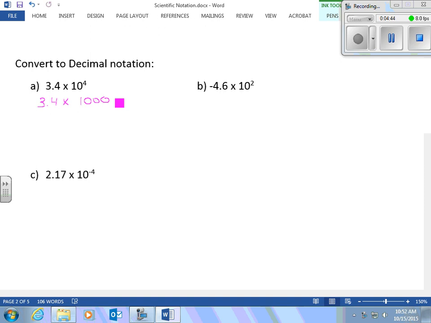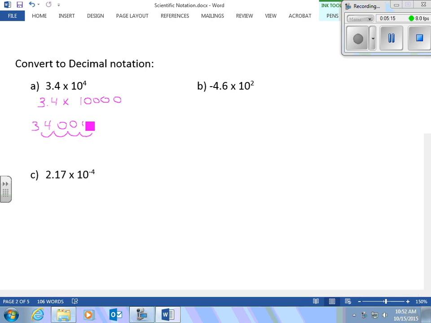So you could think of that as 34,000. Instead, write the digits, and since that's a positive exponent, we know it's going to be a larger number. Think of how many decimal places you need to move over, because every time you move a decimal one space, you've multiplied by 10. So we've multiplied by 10, by 100, by 1,000. We need to move it 4 decimal places. So there's our answer, 34,000.